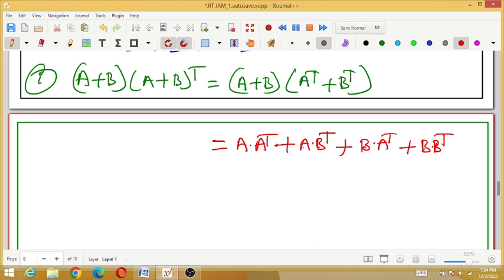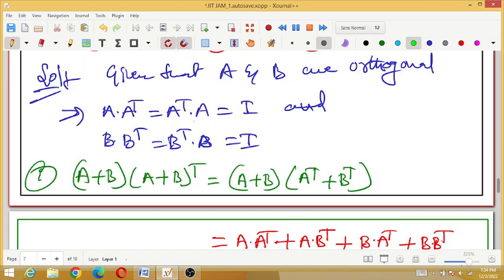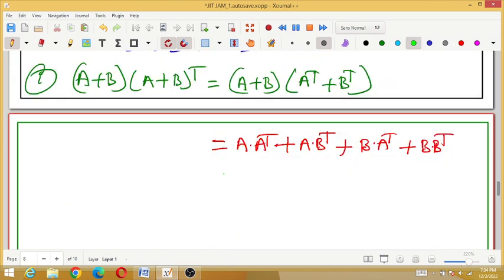Now since A and B are orthogonal, A into A transpose is nothing but I. A into B transpose write as it is, B into A transpose also write as it is.